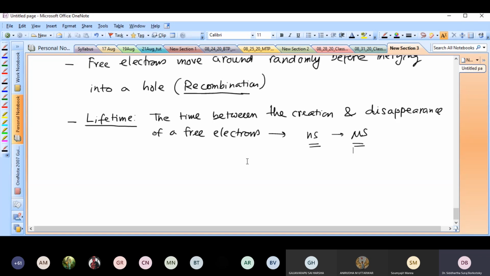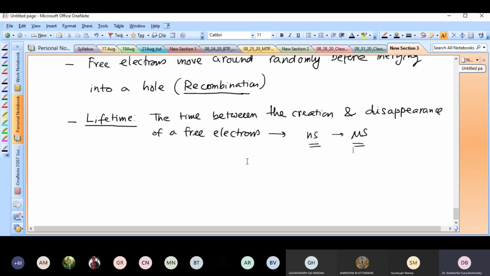However, at room temperature, you don't have a great deal of holes and free electrons. That's the point to keep in mind, as I said before. But the important thing is that the number of holes and the number of free electrons in a pure silicon crystal is always the same. So if you have 1 million holes, then there will be 1 million free electrons. That is always constant and does not change.